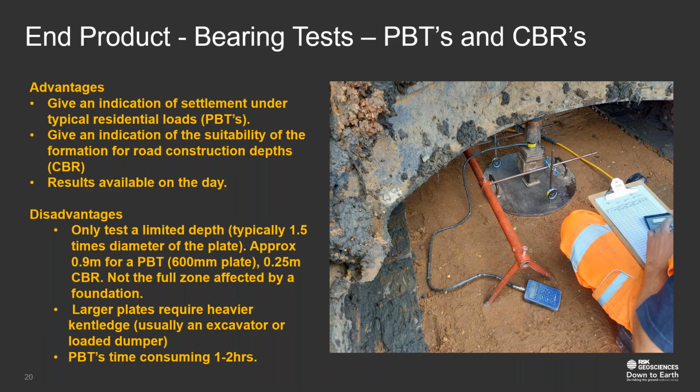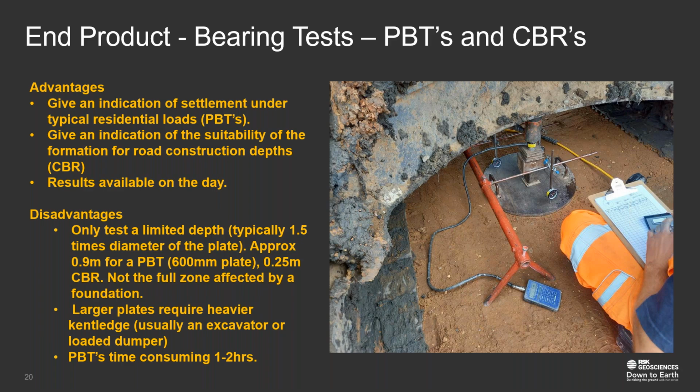Plate bearing tests will test maybe 2 or 3 layers, depending upon the size of the plate. Typically, they'll only measure the ground 1.5 times the diameter of the plate below it. So if you're using a 600mm PBT plate, you're only going to really be measuring 0.9 meters of the ground beneath it.